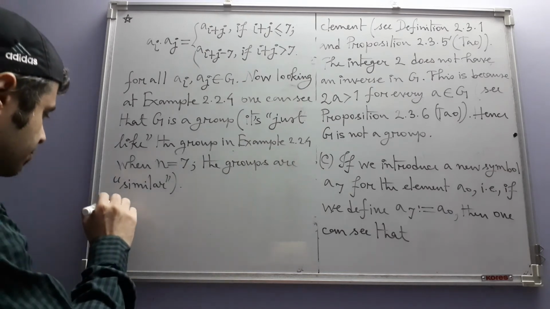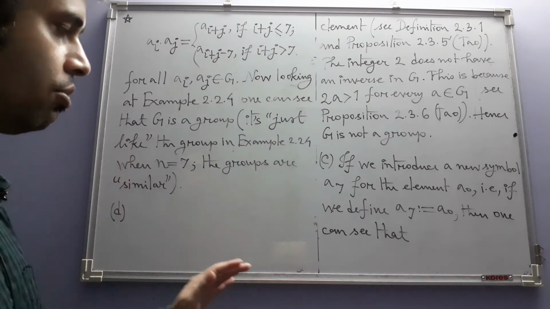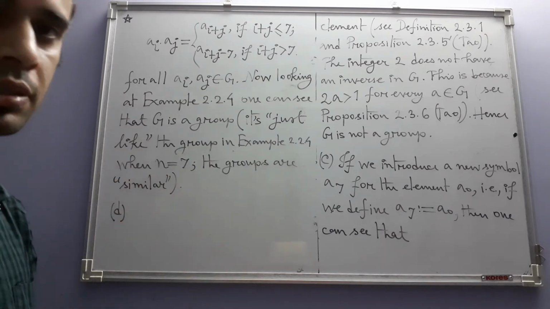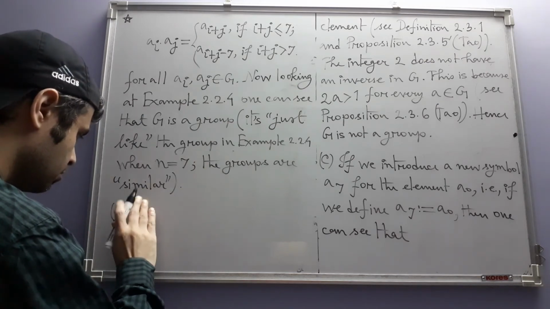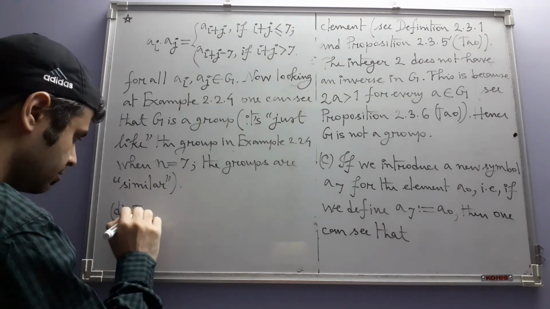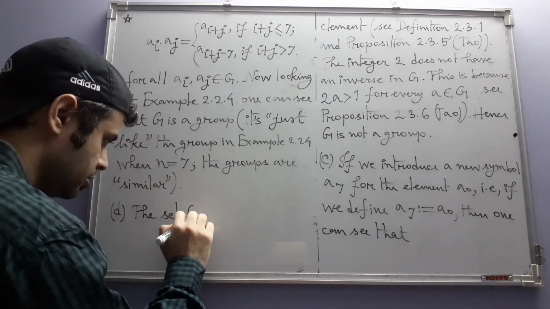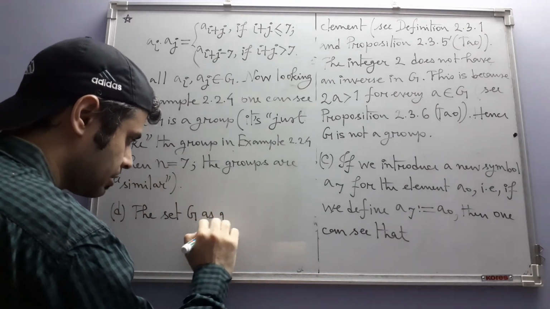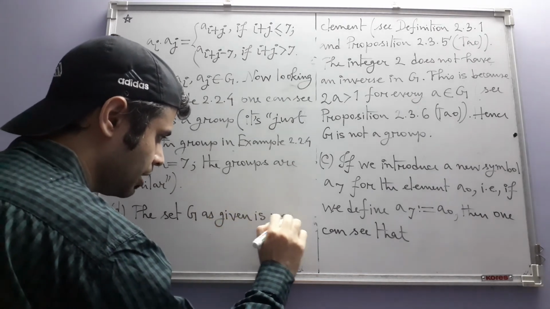And finally, part D, and here the author has made a slight mistake. The set G as given is not well defined.